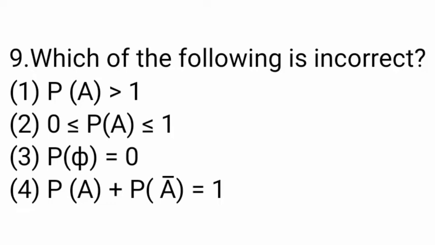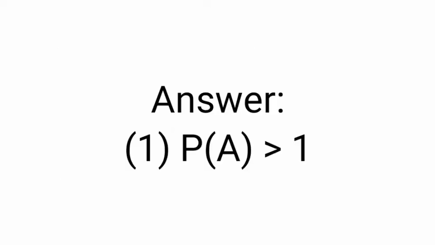The second option, 0 less than or equal to P of A less than or equal to 1, the probability value is between 0 and 1, that is correct. Third one, probability of empty set equal to 0, is also correct. Fourth one, P of A plus P of A dash equal to 1, is a formula. Therefore, the first one is incorrect. Option is 1. Answer is P of A greater than 1. Can you understand?